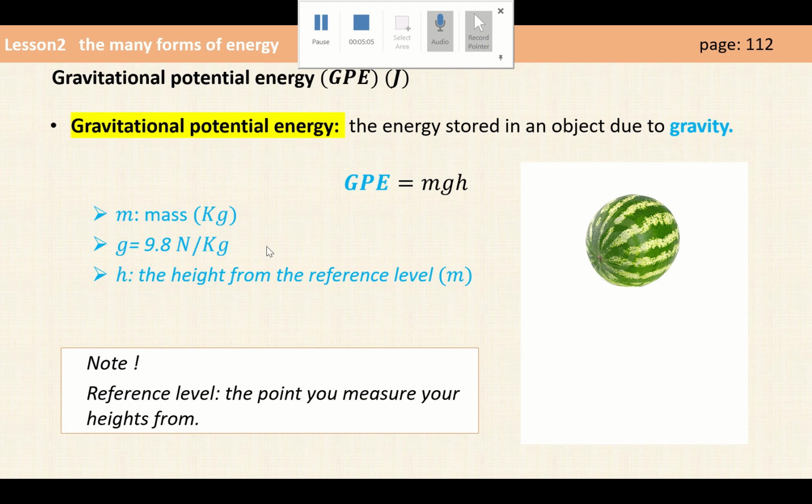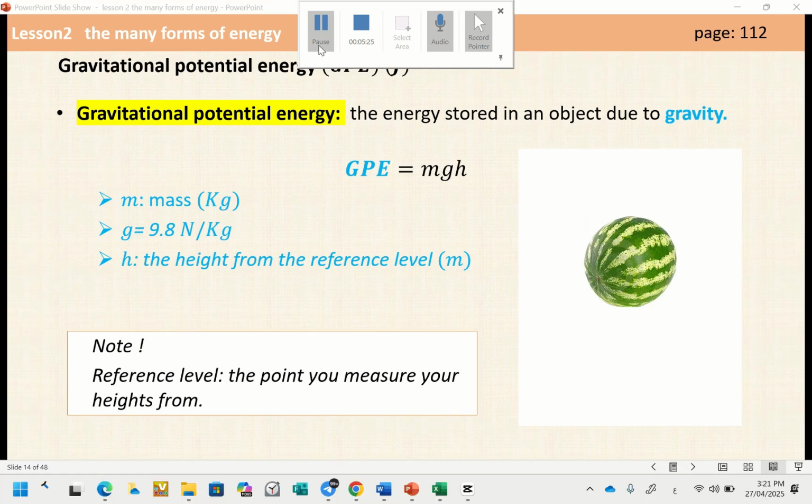If you change the reference level that you measure the height from, the amount of the gravitational potential energy will change as well, because as you can see, it depends on the height, which can be measured according to a reference level. And we will see an example at the end of the video.